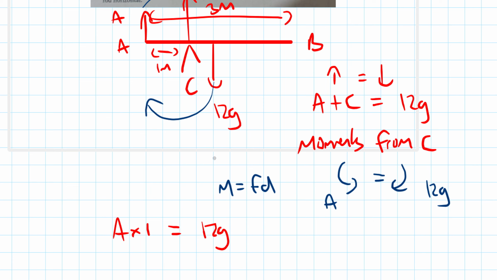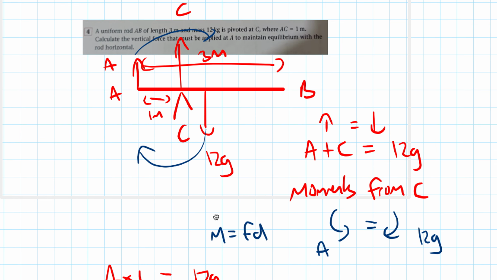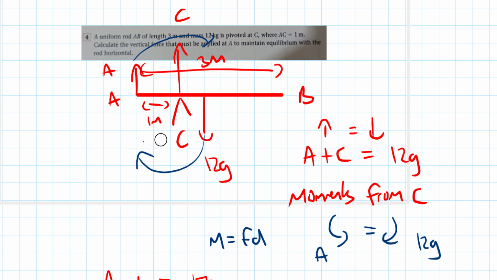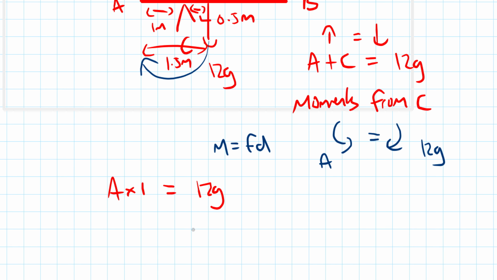And then we need to find how far 12g is. Well, we know that the halfway point is 1.5 meters, and that's where the weight is acting. We know that it's already travelled 1 meter, C is 1 meter away from the edge, so therefore this point here must be 0.5 meters. So it's going to equal 12 times 0.5.